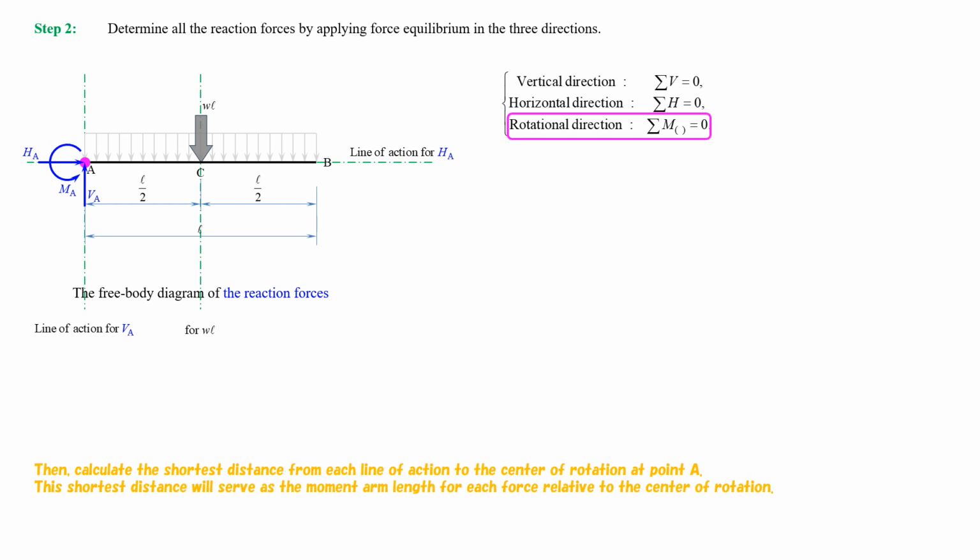Then, calculate the shortest distance from each line of action to the center of rotation at point A. This shortest distance will serve as the moment arm length for each force relative to the center of rotation.